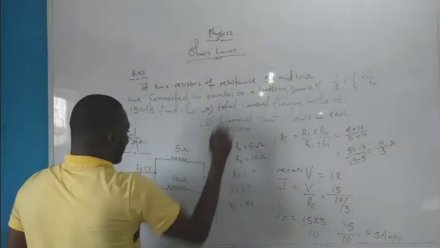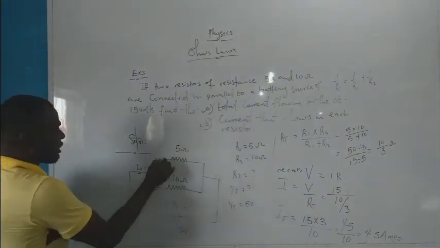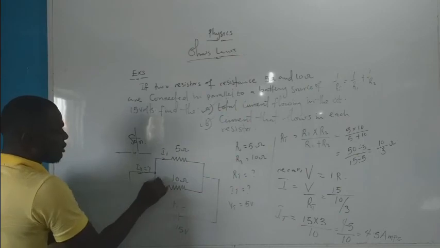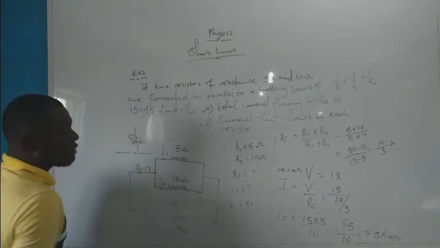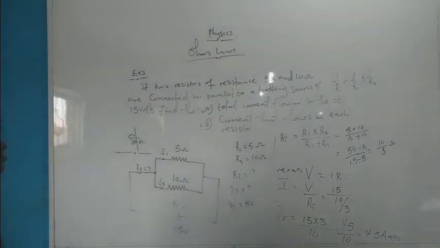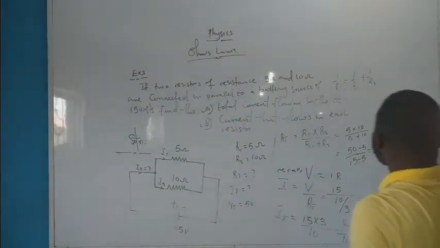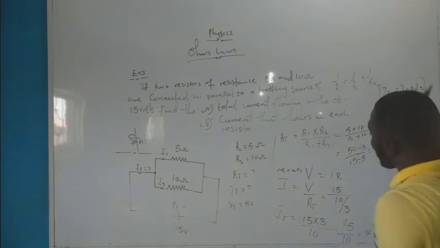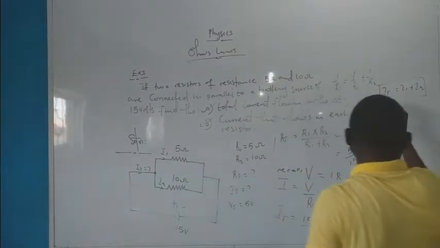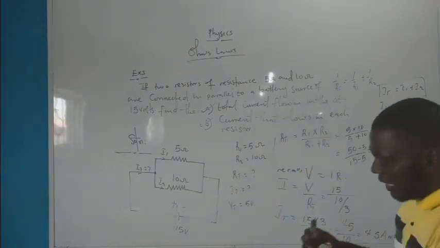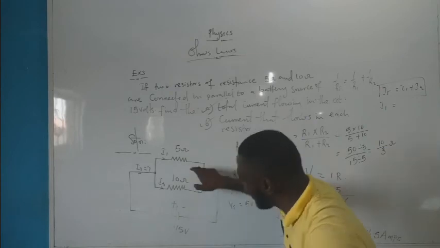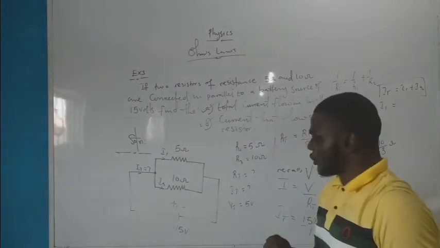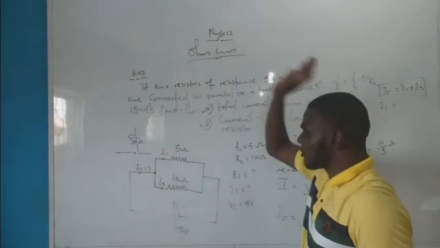Then we have to do this again. Let's tidy up. This is I1 and this is I2, because they are connected in parallel, such that I total must be equal to I1 plus I2. Take note of that. Since we have gotten our I total, what will be I1? Since they are connected in parallel, they will have the same voltage but different current.